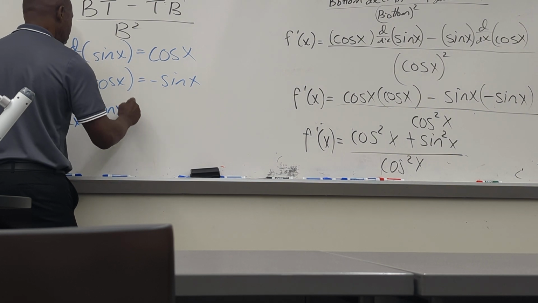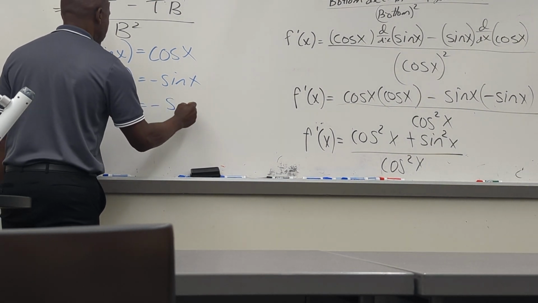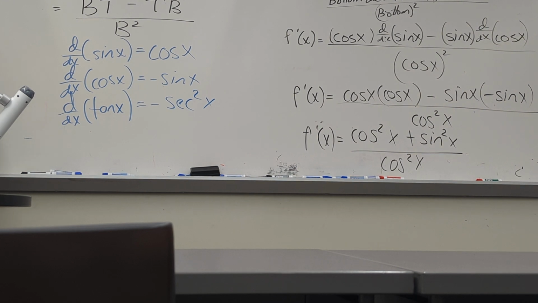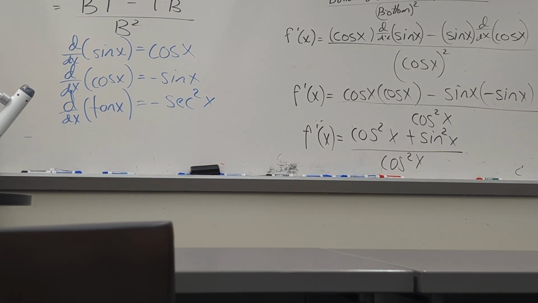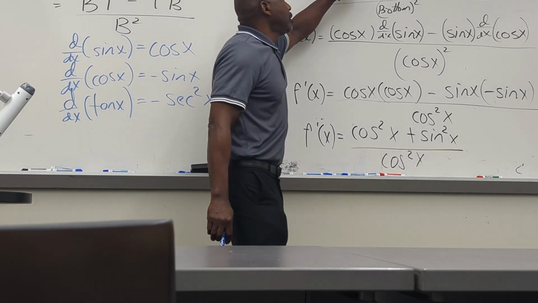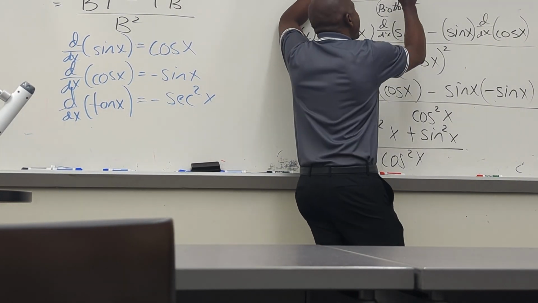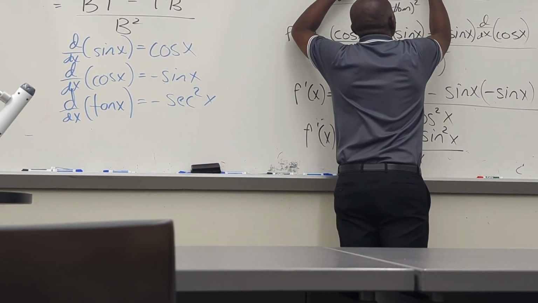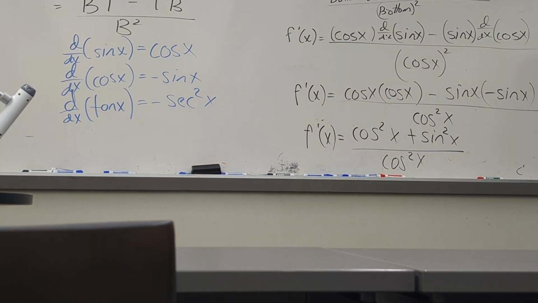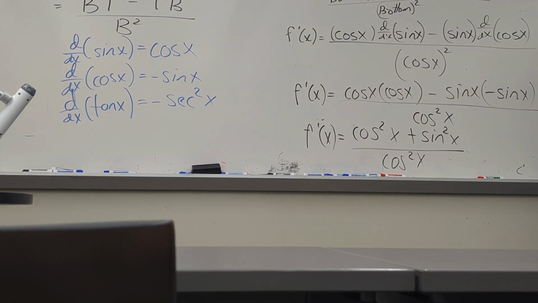Cosine. Is sine x over? No. Why is it negative secant squared x? Because it's cosine. Yes, I know. We just derived this. Sine over cosine is actually what, class? So therefore we know the derivative of tangent x is secant squared x.